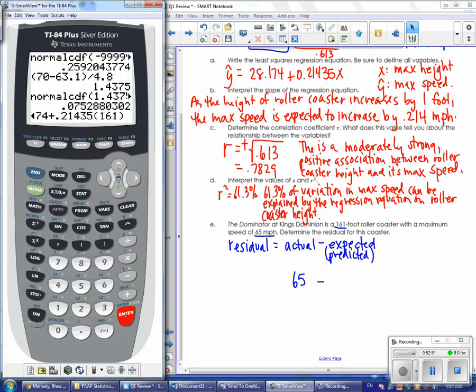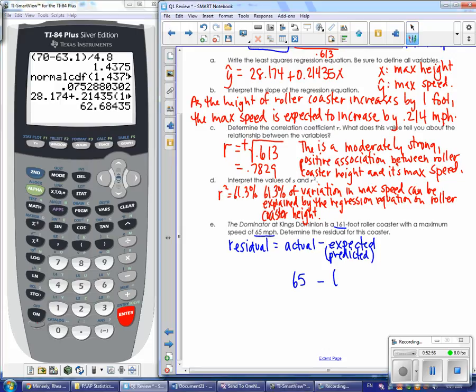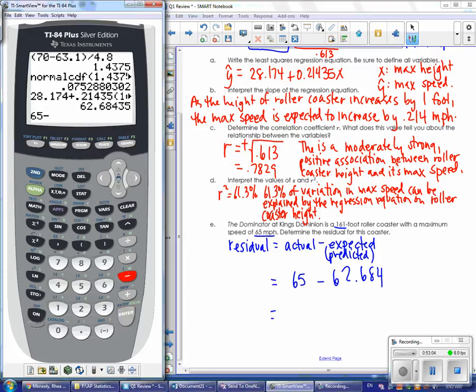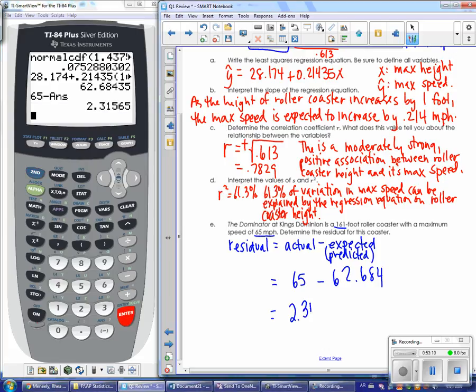And that will give me my predicted speed. So the predicted speed would be 62.684. And the residual, I'm just going to subtract 65 minus my previous answer. And I get 2.316. And that would be my difference.